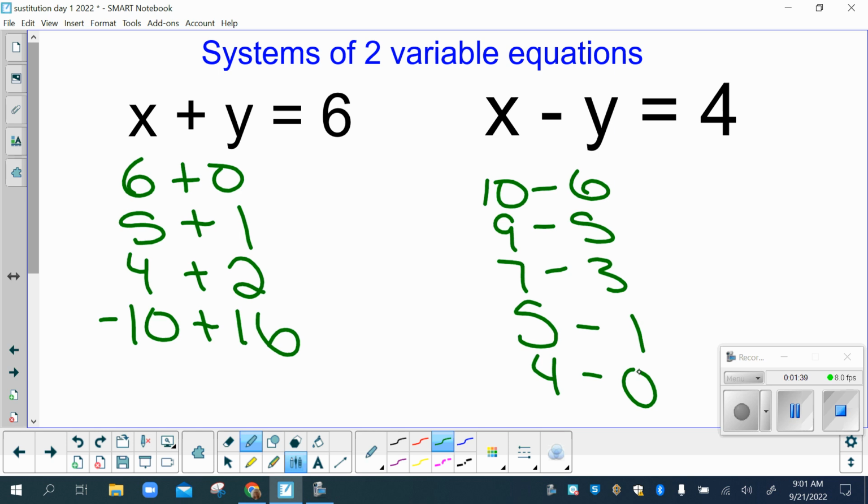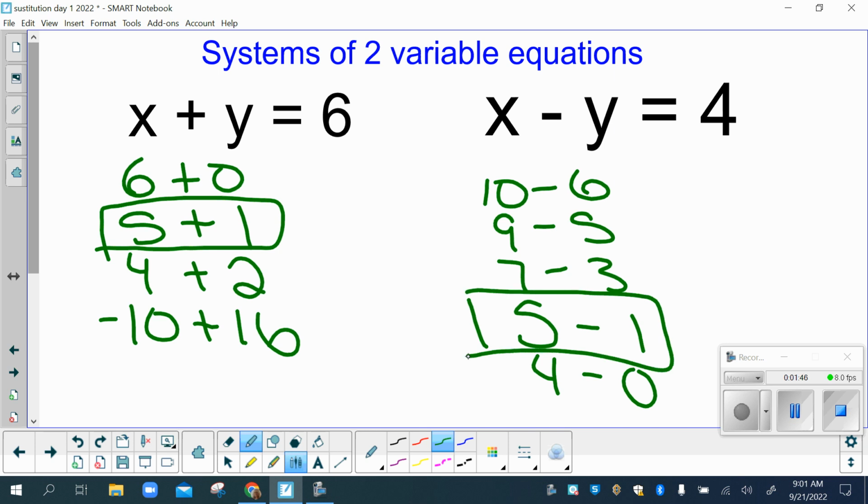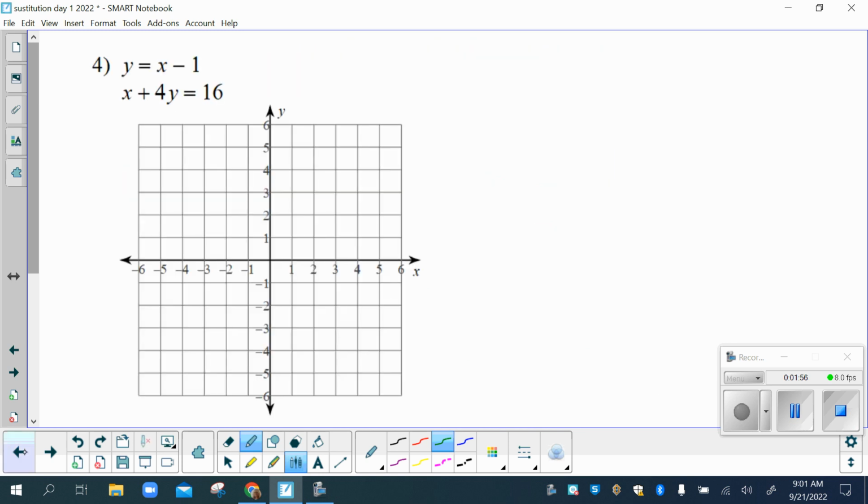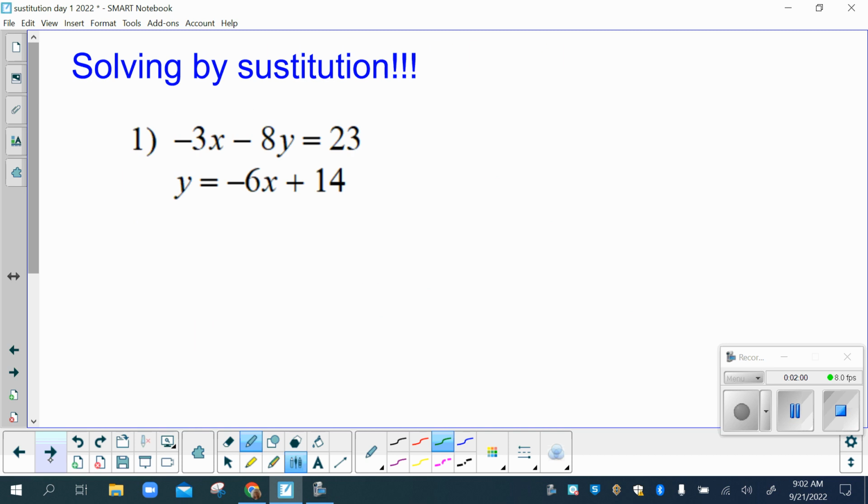Because look at this, 5 plus 1 and 5 take away 1 work in both equations. 5 and 1 works here, and 5 and 1 works there. So you can just eyeball it. The other way you could do it is you could graph it. That's a way. Now we're going to talk about doing it mathematically.